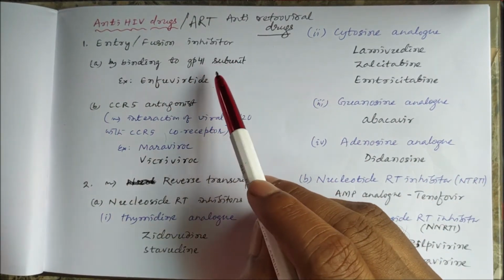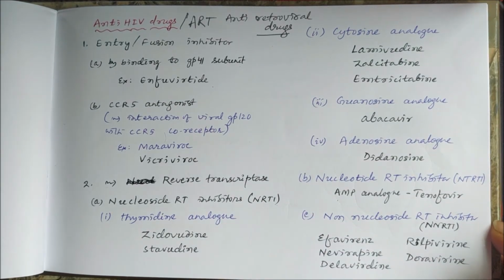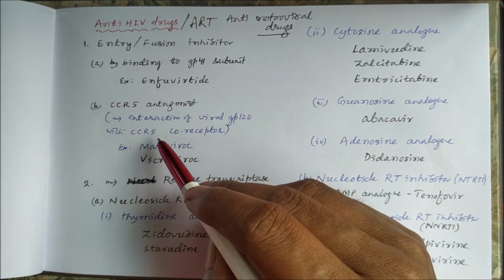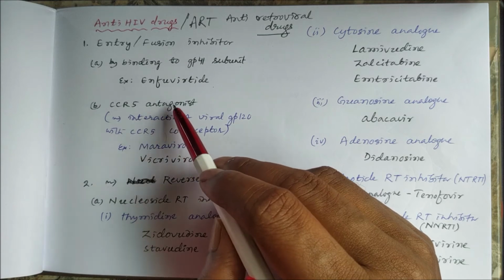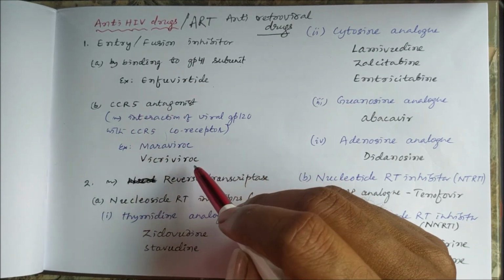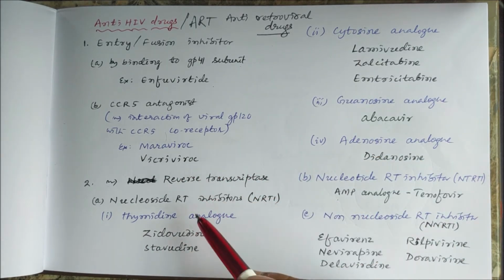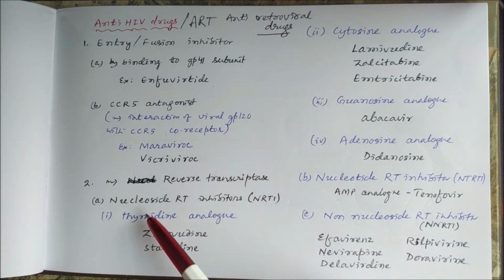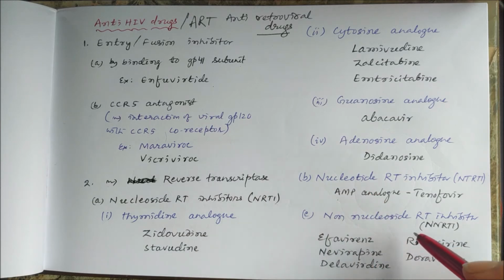Entry or fusion inhibitors: by binding to the GP41 subunit, enfuvirtide; by binding to GP120, or by acting as antagonist of the CCR5 co-receptor, examples maraviroc, vicriviroc. Then drugs that inhibit the reverse transcriptase, which can be either nucleoside analogs, nucleotide analogs or non-nucleosides.